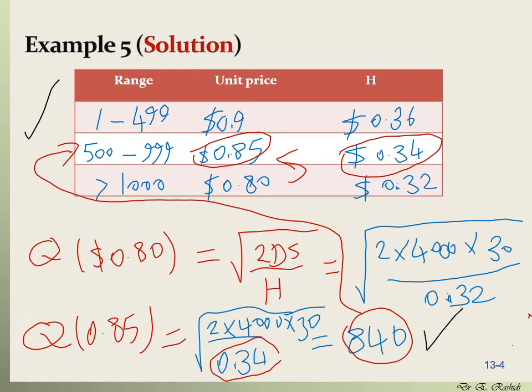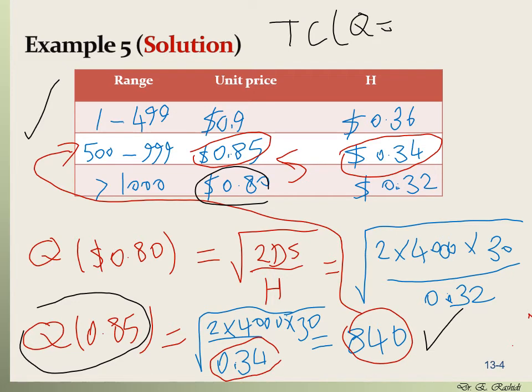Okay, so we found a quantity that is feasible, but because this quantity is not at the lowest price, which is 80 cents, and this is at 85 cents, we need to do the second step. We need to find the total cost when Q is the smallest quantity that gets the lowest price range, which is at least 1,000, at 80 cents.